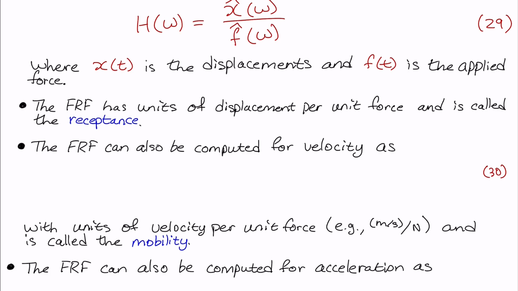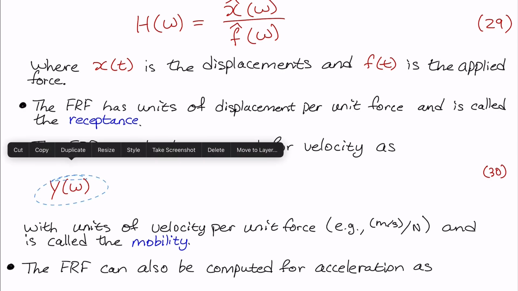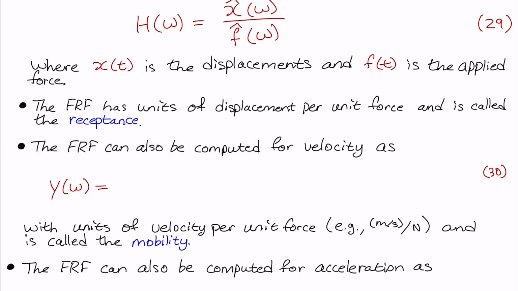You can also compute it for the velocity, in which case we'll use big Y of omega, which is then equal to x dot hat omega over f hat of omega.